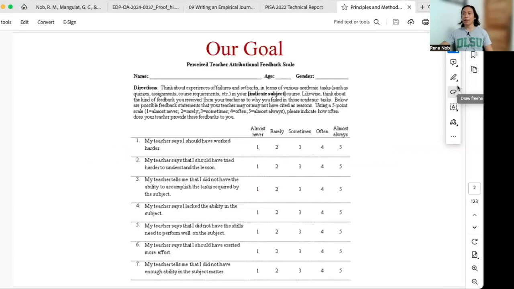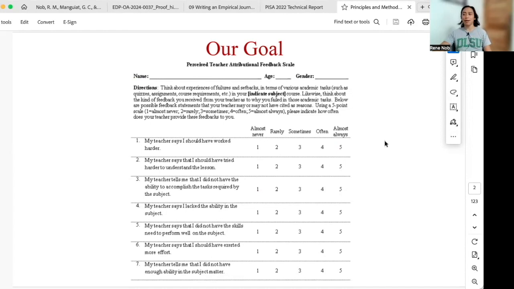Okay, so the goal is to develop something like this, a simple scale wherein there is a set of instructions. There are a few items, and the items are typically declarative statements. And based on the declarative statements as well as the set of instructions, there is a response set which the test taker will use to rate a specific item, either rating in terms of agreement or rating in terms of how frequently they engage in the behavior that is described in the item.